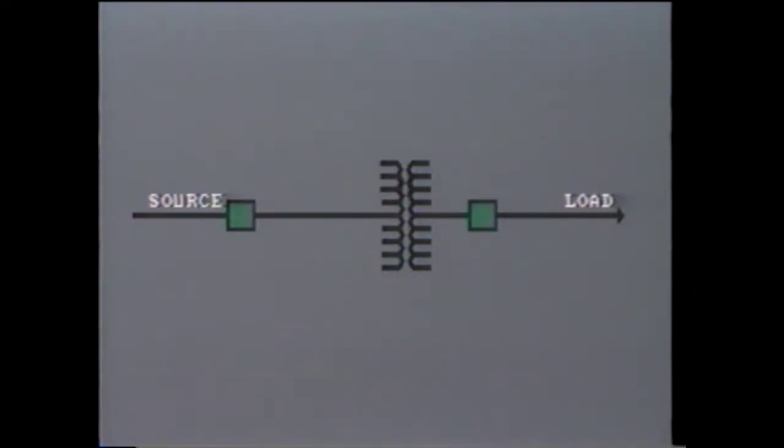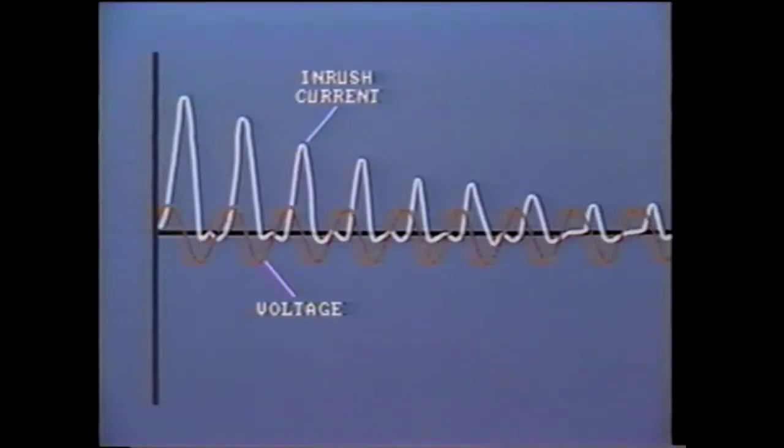As we pointed out in an earlier tape, inrush current is due to the initial energizing of the transformer. The large inrush current is high in second harmonics, and this factor is used to provide harmonic restraint to differential relays, which are used for transformer protection.